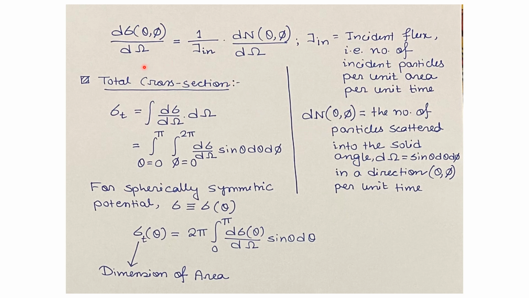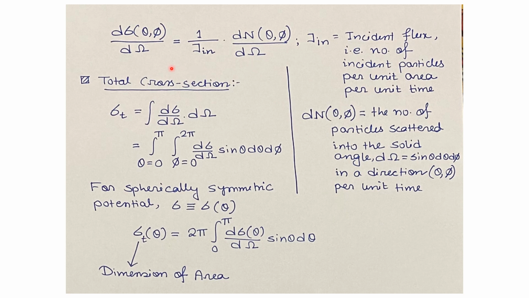So this equation tells us d sigma d omega as a function of theta comma phi equals 1 by J in times dn d omega as a function of theta comma phi. Here J in is the incident flux, that is the number of incident particles per unit area and per unit time, and dn as a function of theta comma phi is the number of particles scattered into the elementary solid angle d omega, that is sin theta d theta d phi, in a direction of theta comma phi in the spherical polar coordinate per unit time.